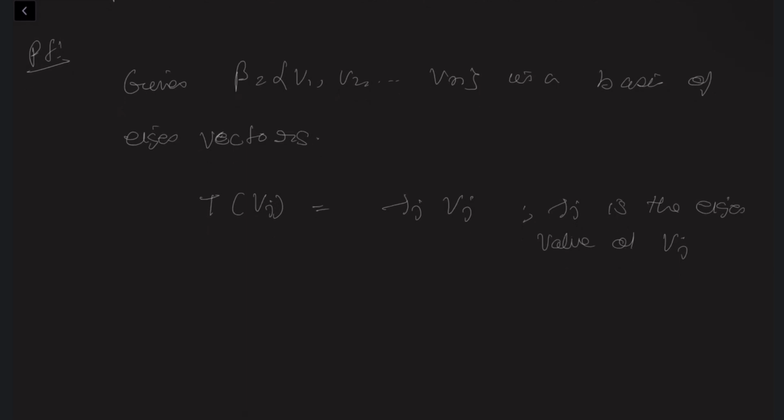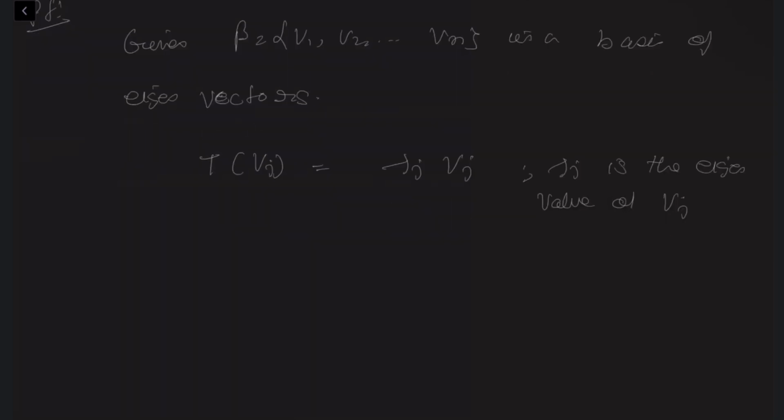So by definition, T of vj is some lambda j vj. Now here we are going to use the concept of the matrix corresponding to a linear transformation.